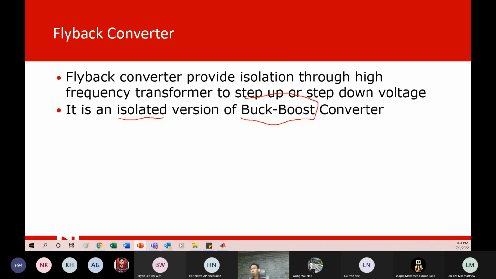You can do step up, you can do step down, but with the use of a high frequency transformer. We still need a transformer, but a high frequency transformer. Like I said, it's just like a buck boost. This one will have real application.